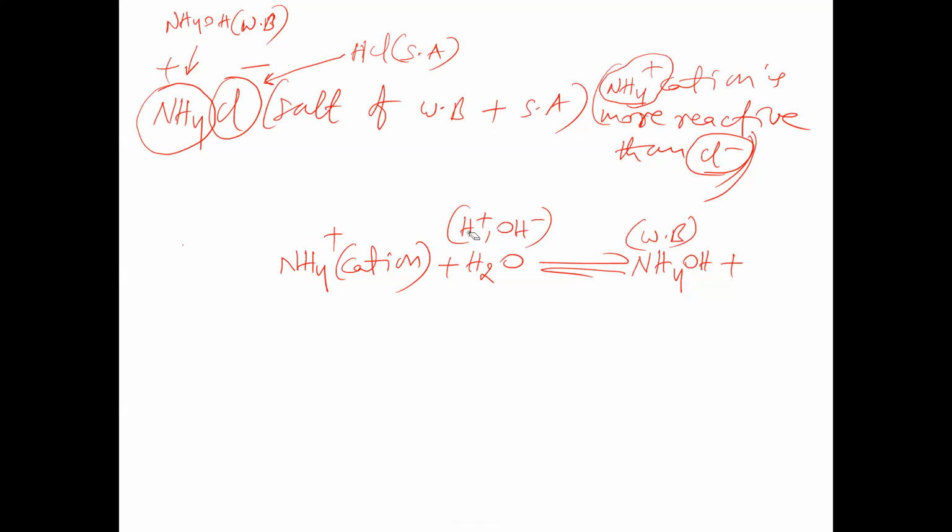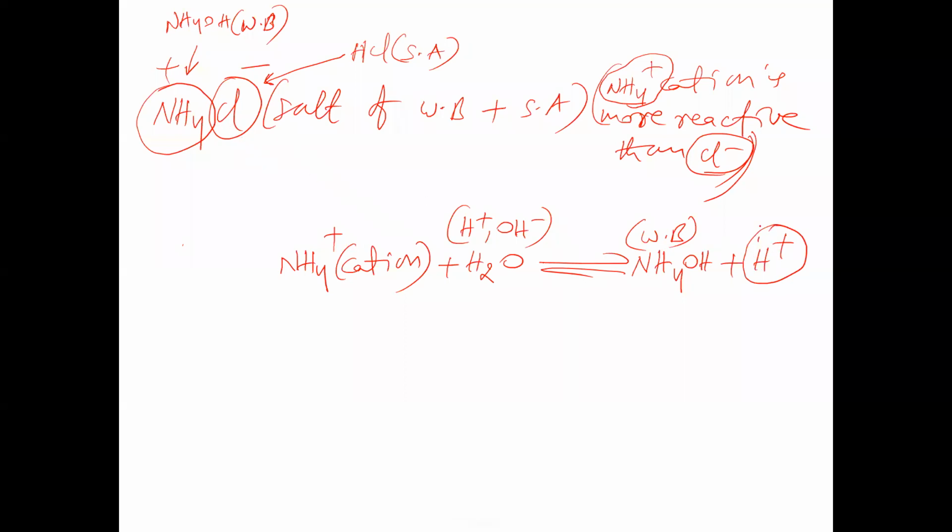Then what is left over here? H plus is left over. H plus does not combine with NH4 plus, because the cation has a positive charge and like charges repel. That's why H plus ions will be produced here. As H plus ions are produced, the solution of NH4Cl will be acidic in nature.